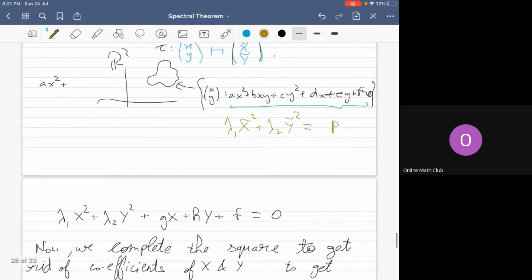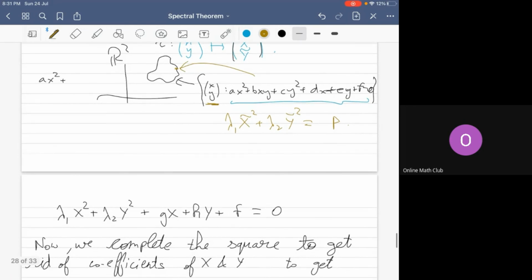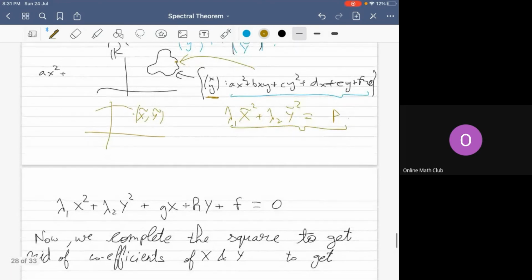So all these xy satisfying this, which are the roots of this equation, get sent to x tilde y tilde, which are the roots of this transformed equation.